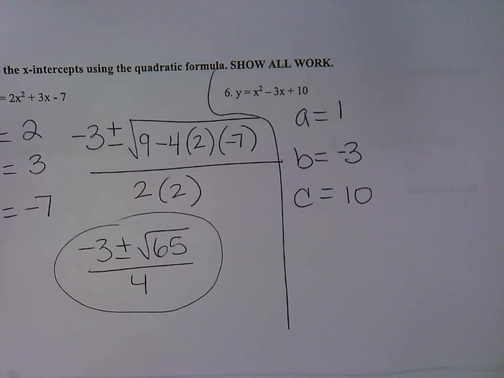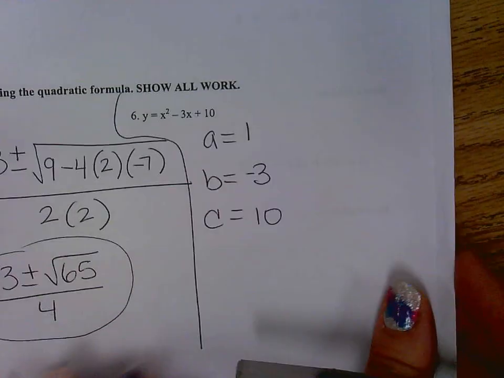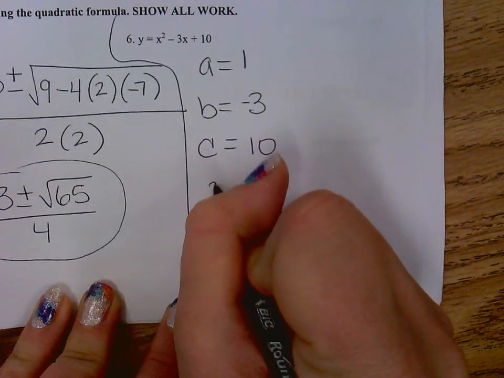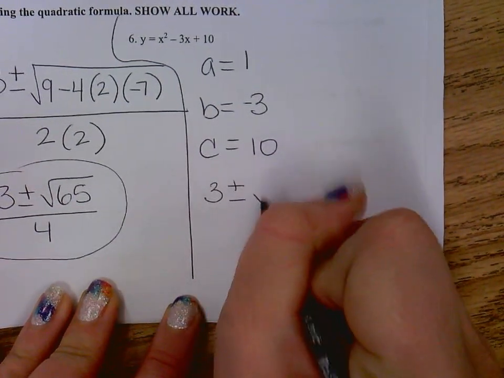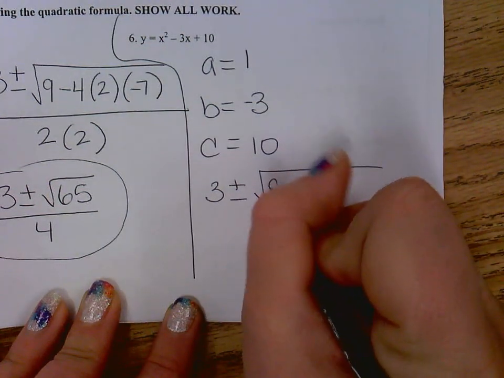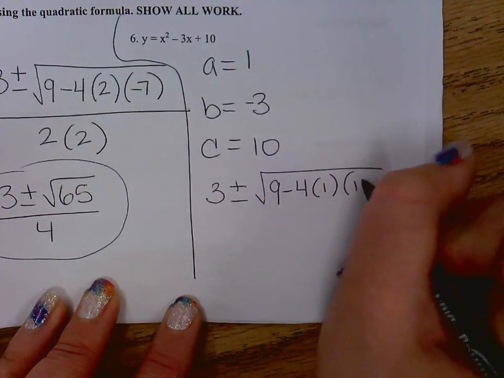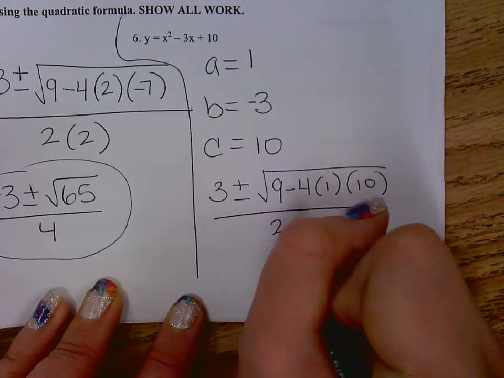You can, yeah, actually find the square root. I think the square root has a problem. Yeah, good. So the opposite of B, plus or minus the square root, B squared minus 4 times A times C, all over 2A.